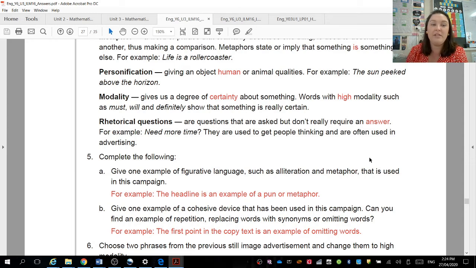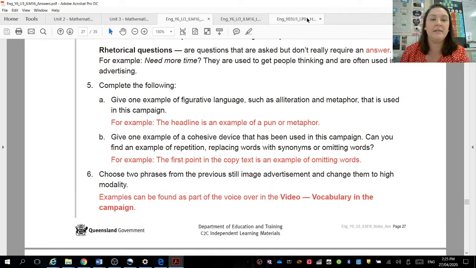Words with high modality such as must, will, and definitely show that something is certain. And then you've got the other spectrums: maybe, could, would, won't. Rhetorical questions are questions that are asked but don't really require an answer. So that fills up your word bank, all done and complete.